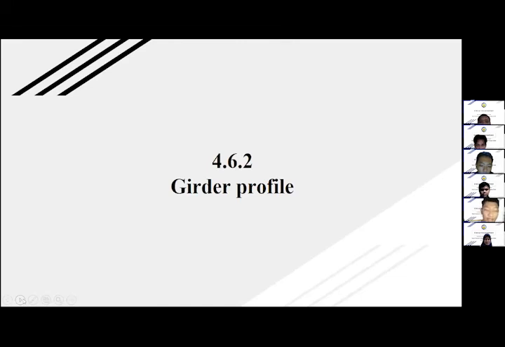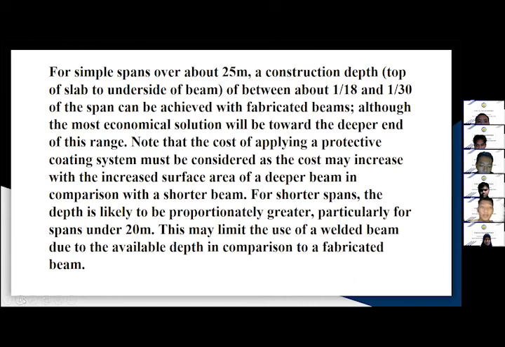The next topic is girder profile. For simple spans over about 25 meters, a construction depth from top of slab to underside of beam of between about 1 per 18 and 1 per 13 of the span can be achieved with a fabricated beam, although the most economical solution will be toward the deeper end of this range.